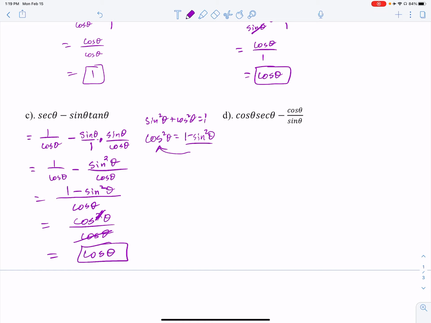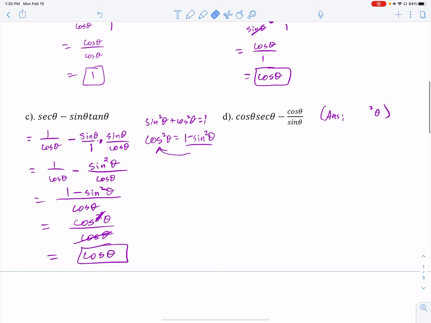So you work through D and show the steps. And when you get done, the answer to this should be sine squared theta.